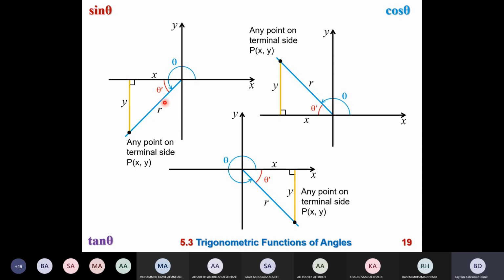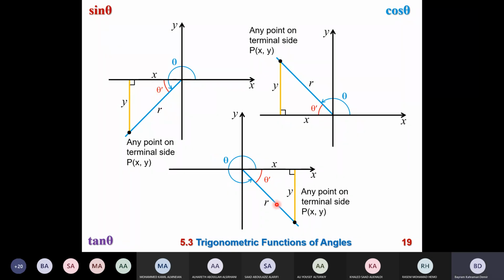In quadrant 3, you have the terminal side, so you are going to subtract 180 from theta, because theta is greater than 180, as you see. So theta minus 180 will give you the reference angle.